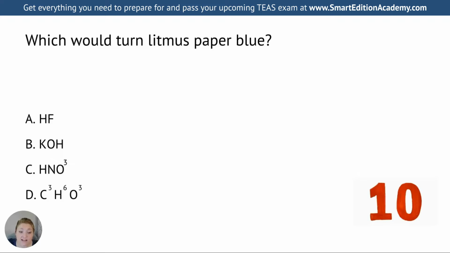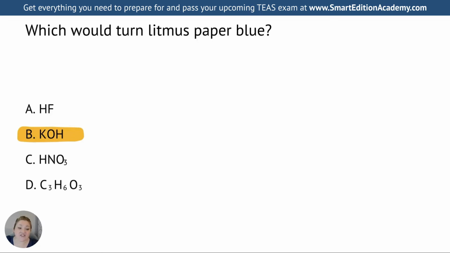So we're going to go ahead and eliminate the ones that we know are acids based on our little trick of starting with an H. So we can take off A and C. Which of those remaining chemical formulas have an OH indicating that they are a base? If you said B, that is correct. KOH, potassium hydroxide, is a base solution, and it would turn litmus paper blue.